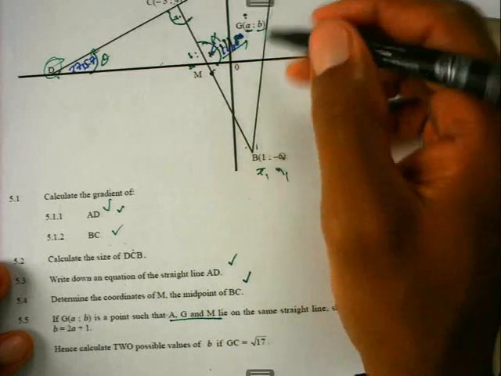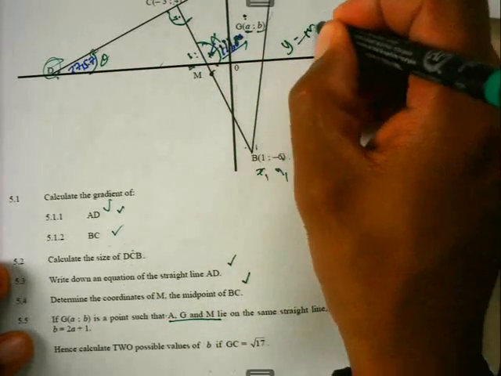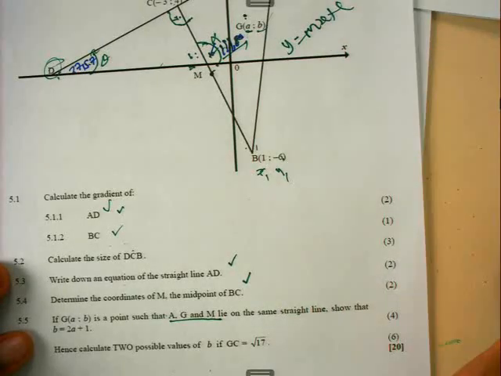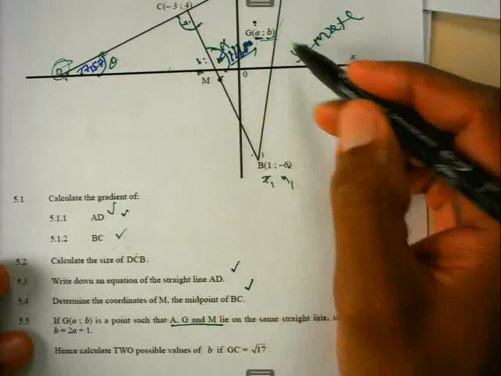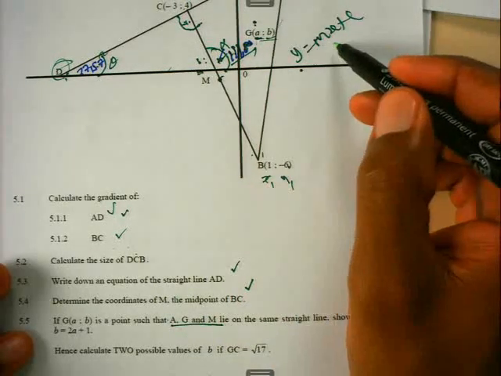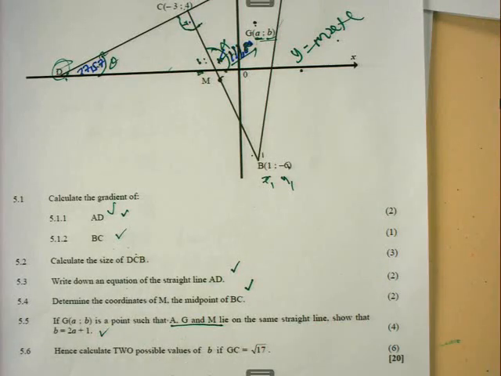Once you have the gradient, you can determine the equation in the form y equals mx plus c. Then you just substitute y as B and x as A. Then you'll have the equation B equals 2A plus 1.